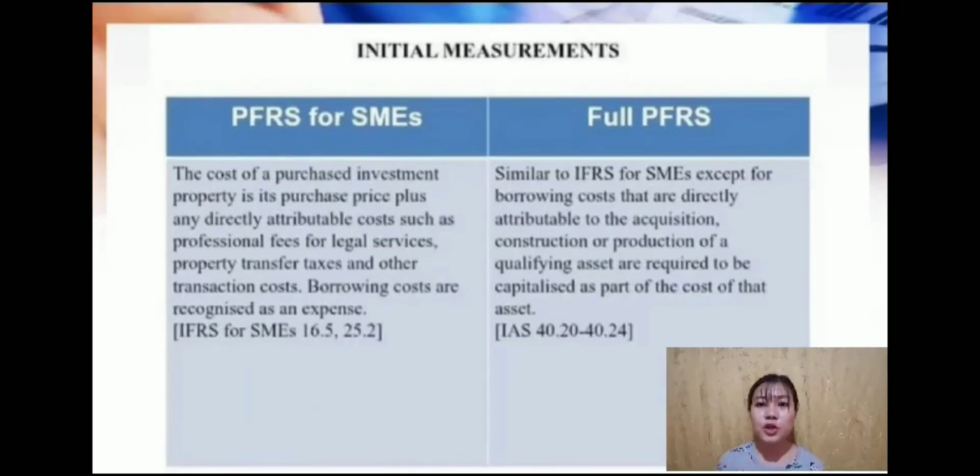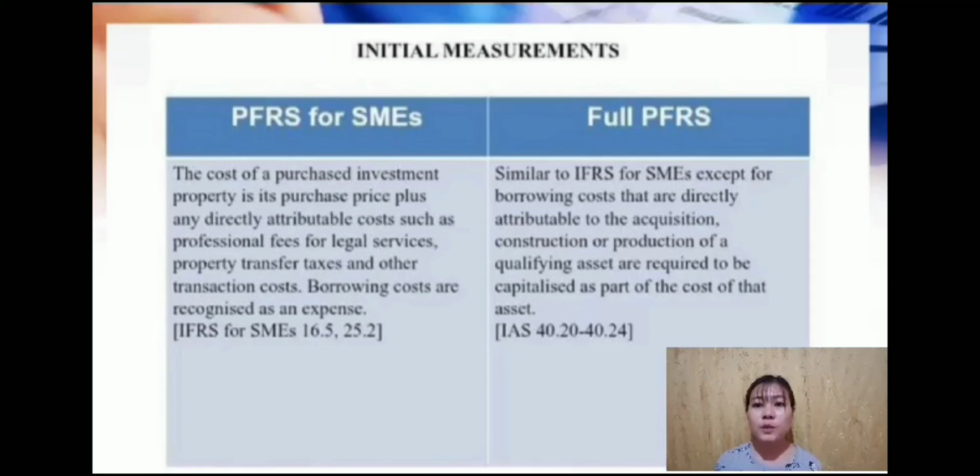Next, initial measurement under PFRS for SMEs. The cost of a purchased investment property is its purchase price plus any directly attributable costs such as professional fees for legal services, property transfer taxes, and other transaction costs. Borrowing costs are recognized as expenses.